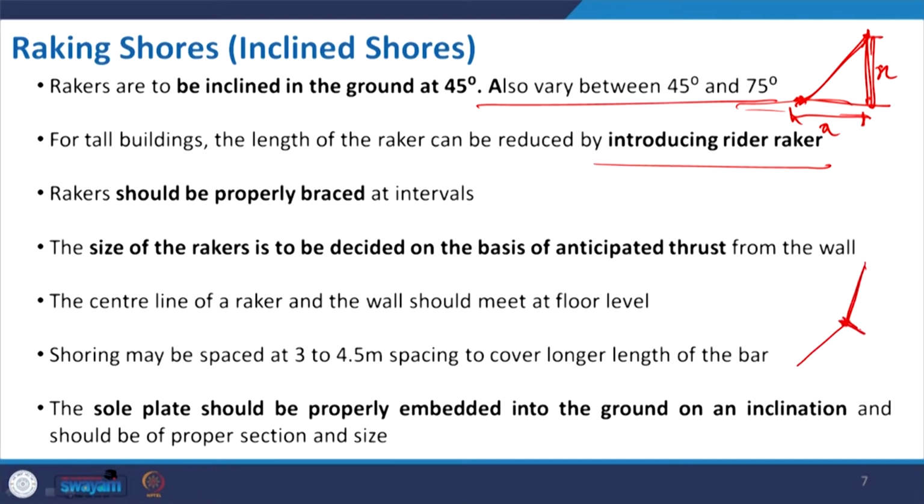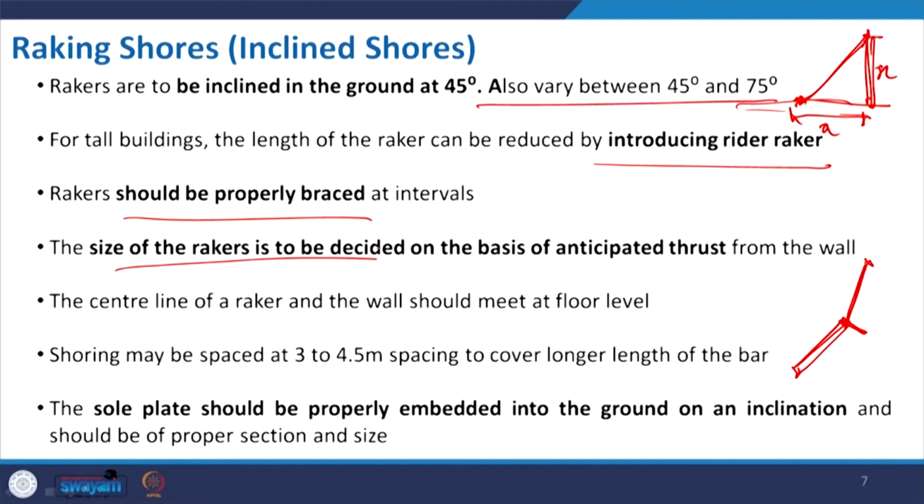Sometimes you can just use a bracing and change the racker inclination at a certain point, so that you can also manage the horizontal space. Rackers should be properly braced at intervals to give stability to the shoring. Then the size of the rackers will be determined based on the anticipated thrust.